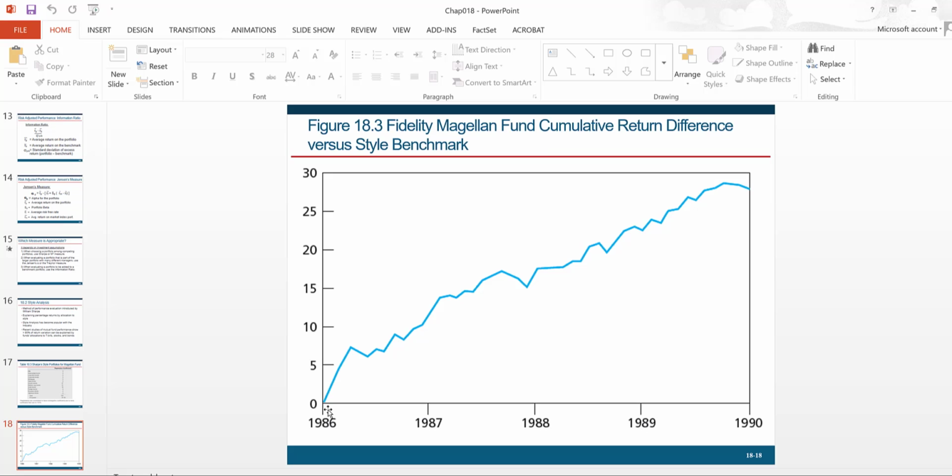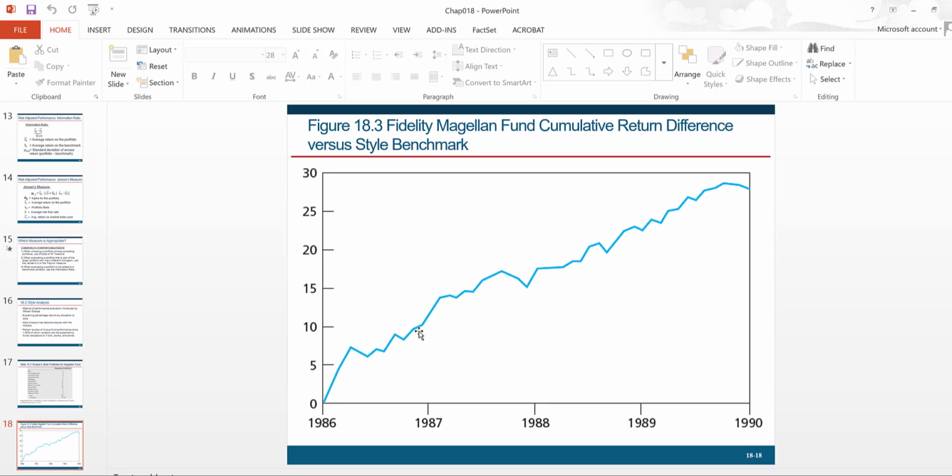So you can see here that this is basically that residual part, right? That is the part that is not explained by those styles, and over time this is cumulative performance. So that residual is actually growing over time over this 5-year period from 1986 to 1990. So that is suggesting that this fund manager did really well.